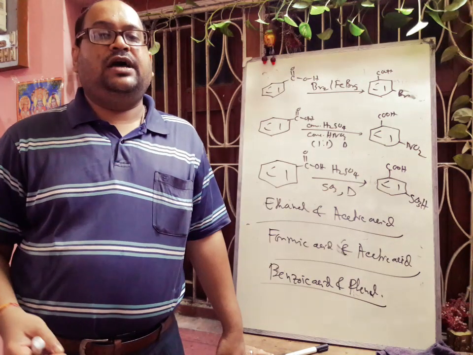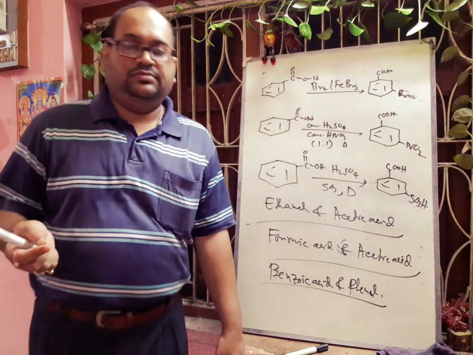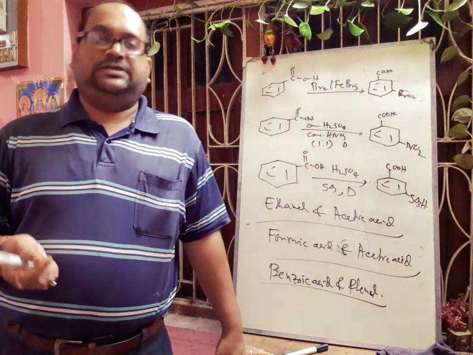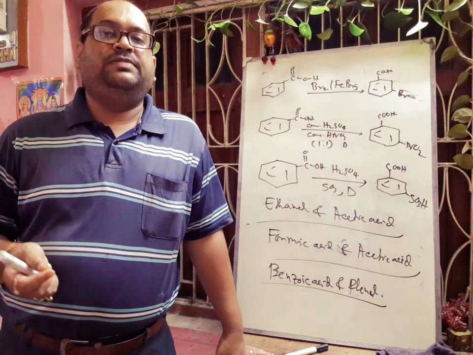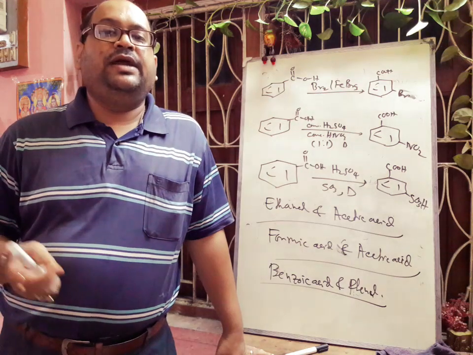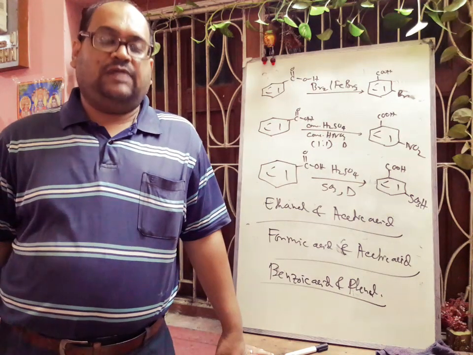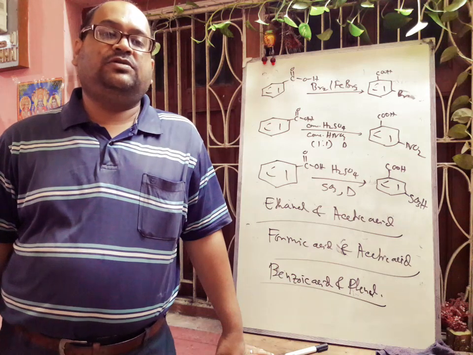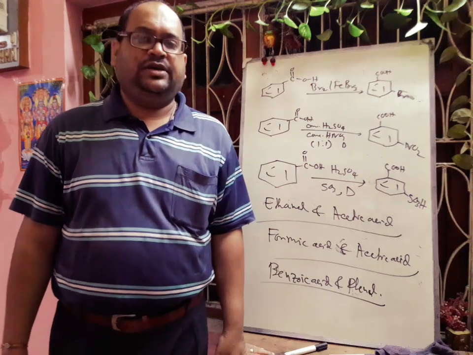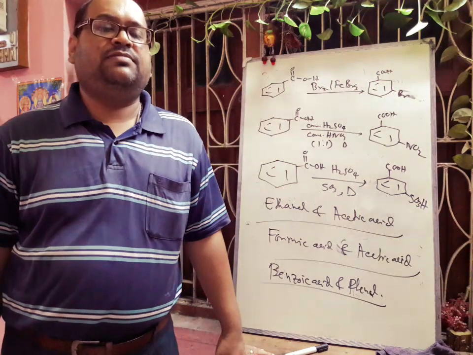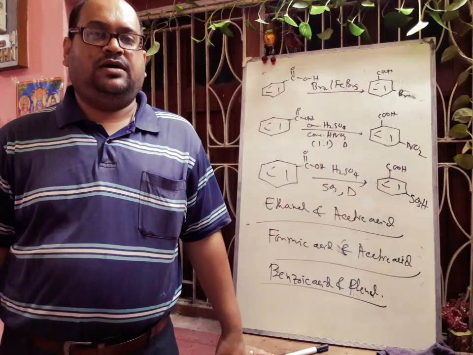And with benzoic acid, if you add ferric chloride, there will be a dark colored precipitate. And benzoic acid reacts with sodium bicarbonate solution to give carbon dioxide, but phenol will not give carbon dioxide gas. Therefore, it will not respond to sodium bicarbonate because phenol is weaker acidic compared to benzoic acid.